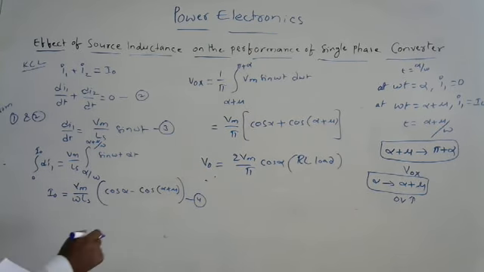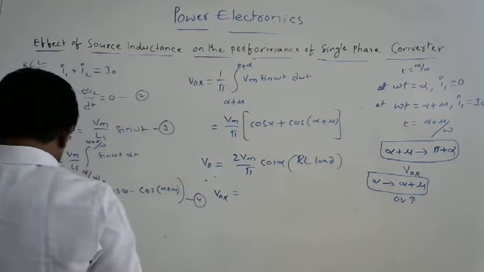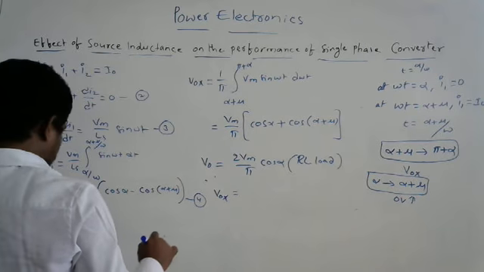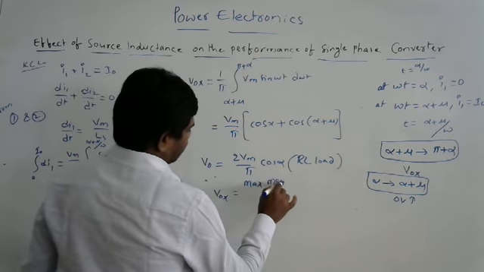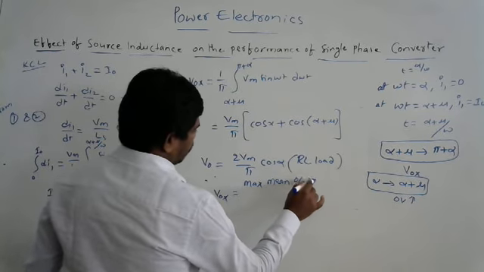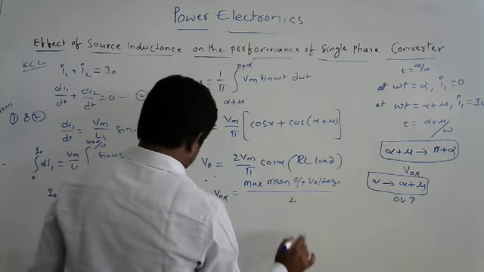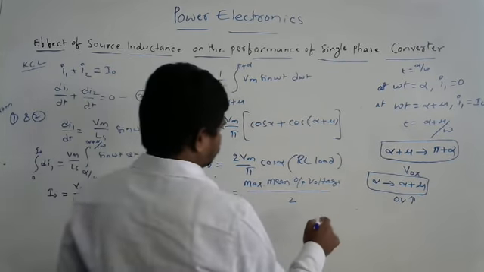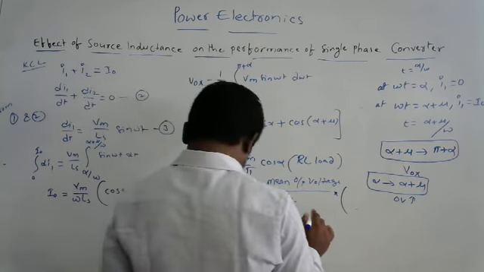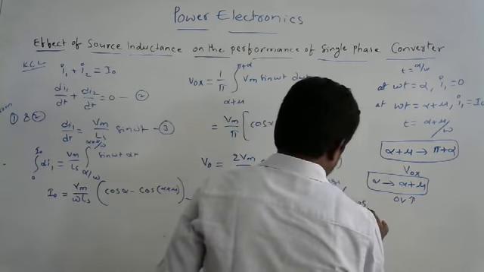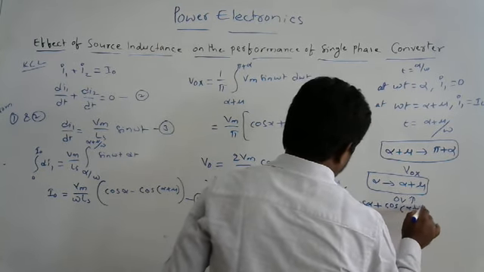Then for that V naught x, I am taking V naught x is equal to maximum mean output voltage upon 2 into cos alpha plus cos alpha plus mu.